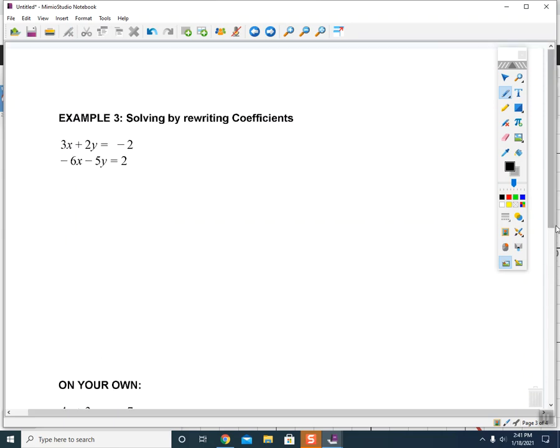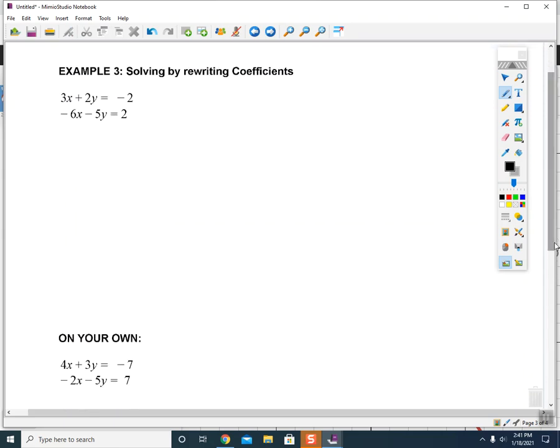We've done examples where my coefficients are the same out of the gate, right? That's not always going to be the case. So I may need to do some manipulation in order to do what I want to do with elimination. So if I look at this system of equations, I have 3x plus 2y equals negative 2, negative 6x minus 5y equals 2.